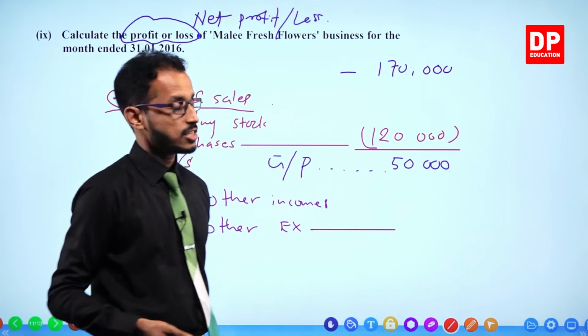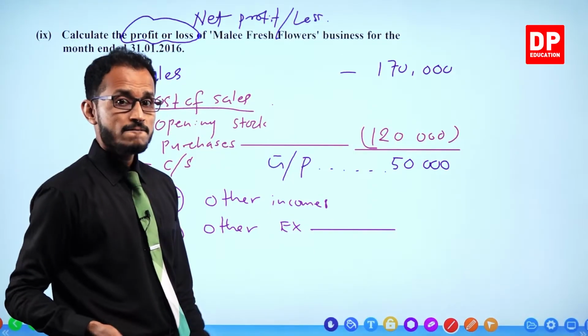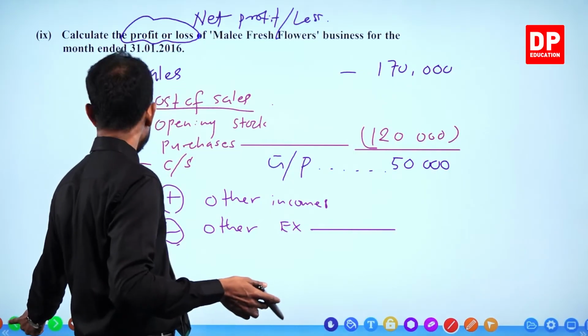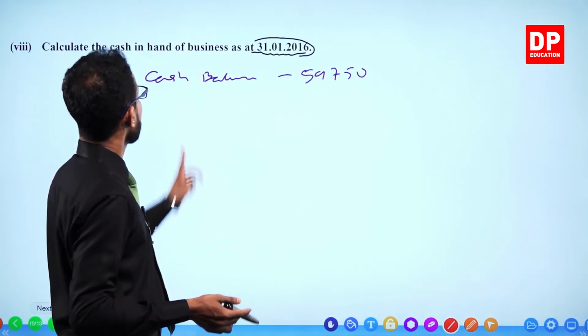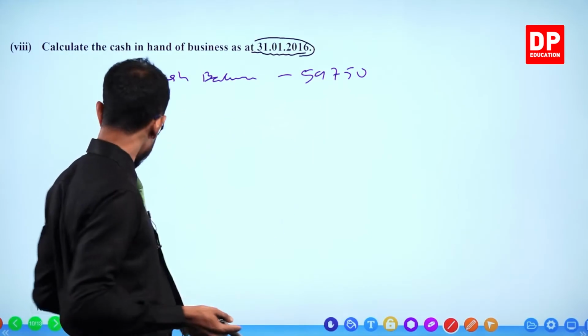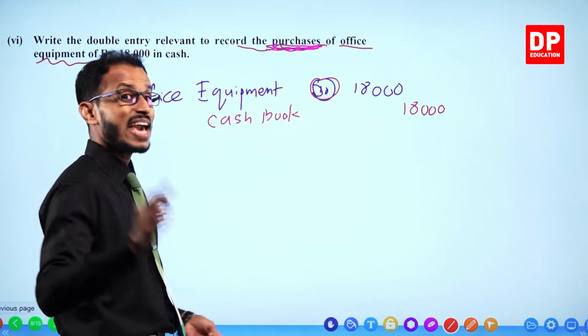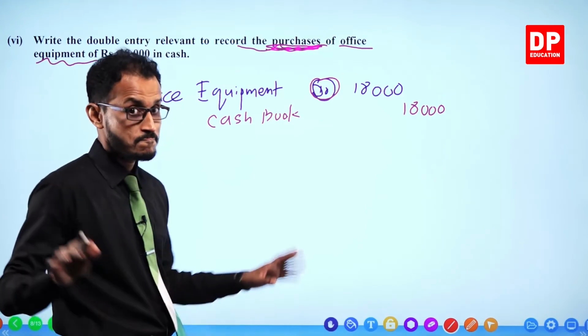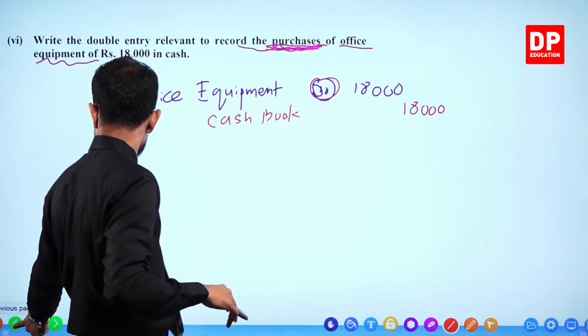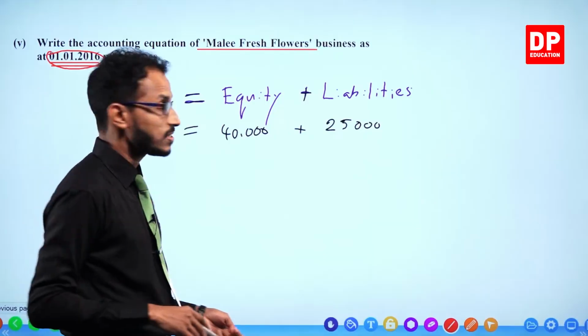Let's calculate other expenses. We calculated, of course, when we calculated the cash balance. Can you remember? We calculated the expenses, but we only took cash expenses, so we can't take that to the profit or loss statement.